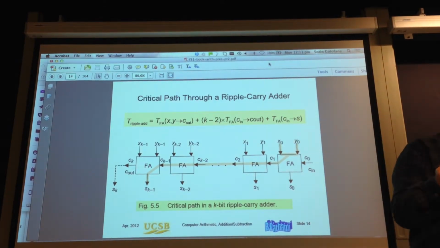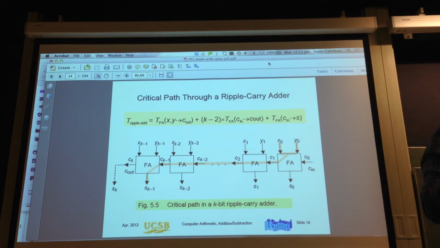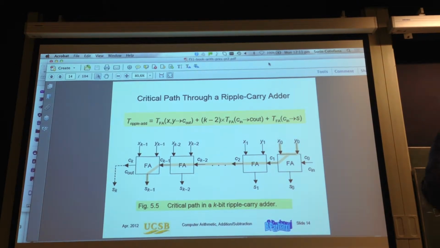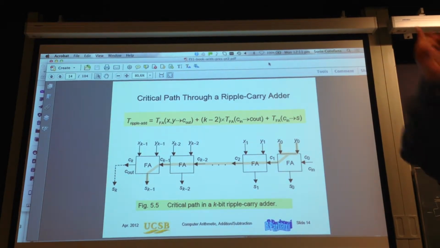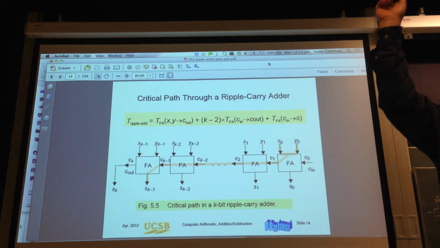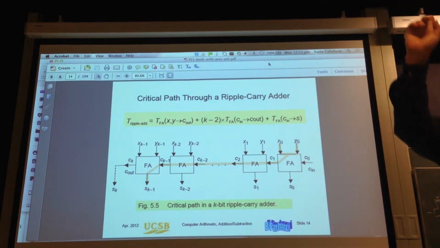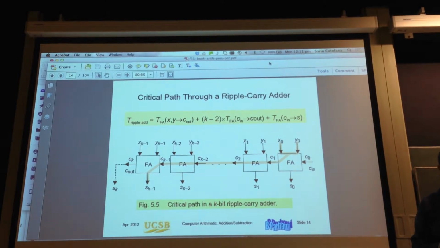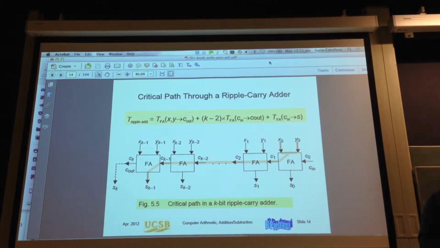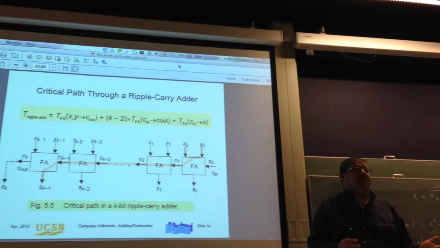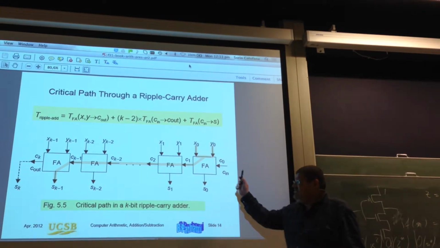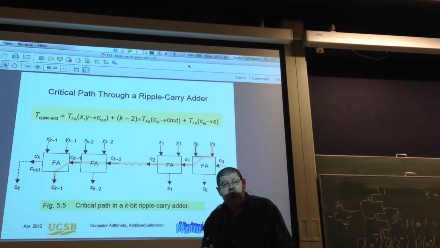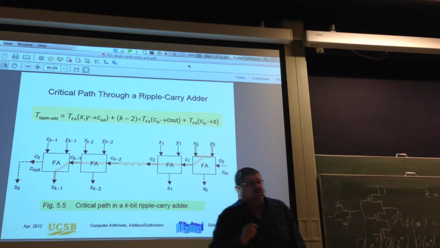Now, this is good if I do an asynchronous design, because when I have the result ready, I'm raising a flag saying your result is ready, just take it. When I'm doing synchronous design, this is not useful, because in order to clock the result of my adder, I always have to wait for the worst case situation. And this worst case situation is based on an assumption.